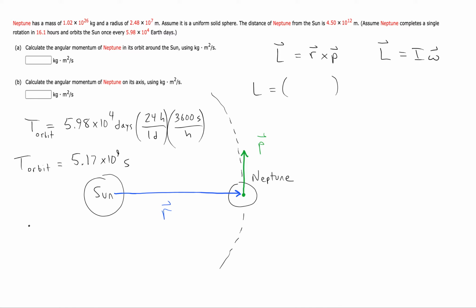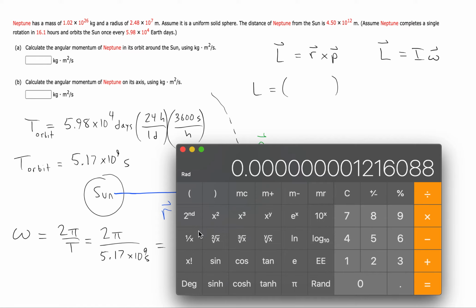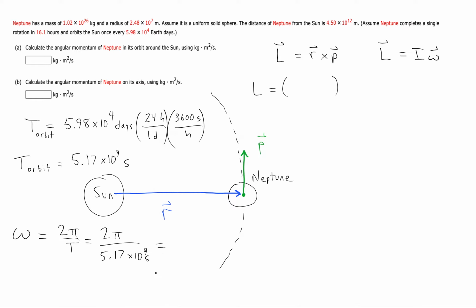Alright, so we have the formula that omega is 2 pi over T. Therefore, we can find the angular speed. It'll be 1.22 times 10 to the minus 9. Units will be radians per second.